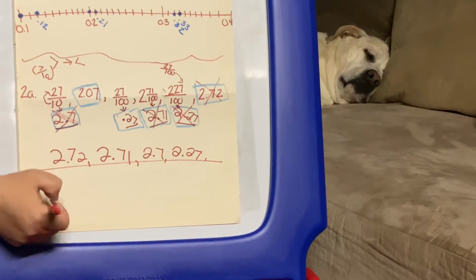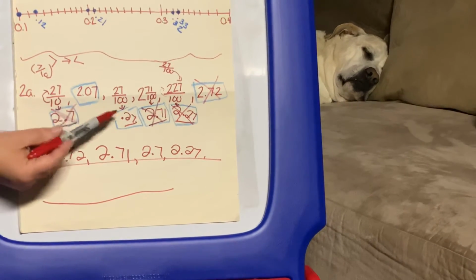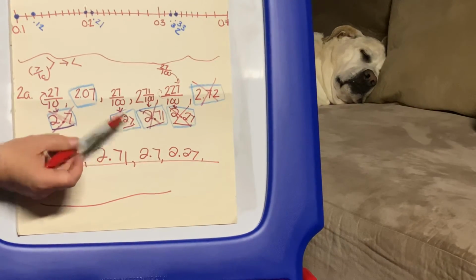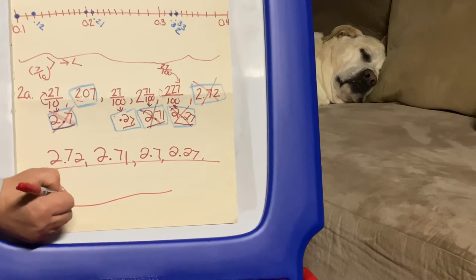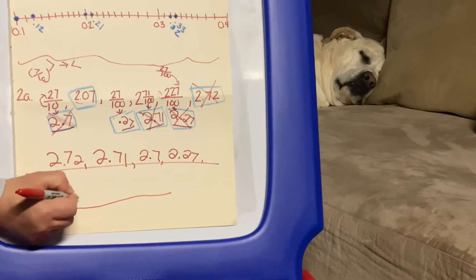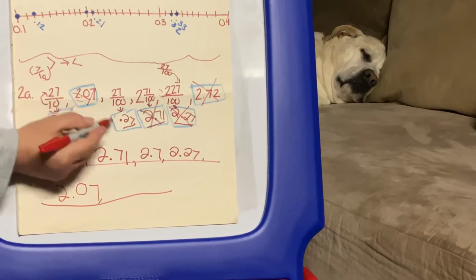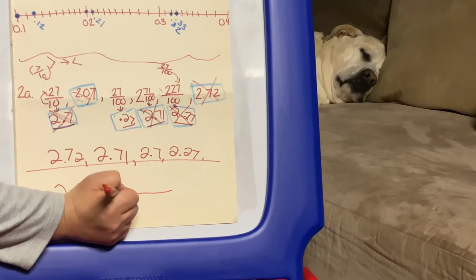I'm going to have to go down to my next line, so just follow along with me. I have 2 left. I have 2.07 and 0.27. This has a whole number, so that's going to be bigger automatically. So here's 2.07, which leaves my last number as 0.27.